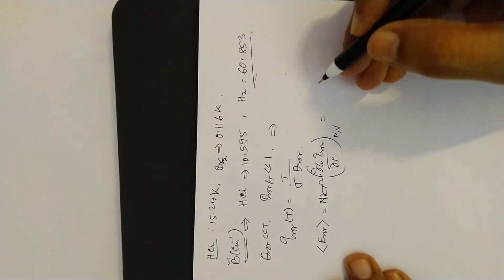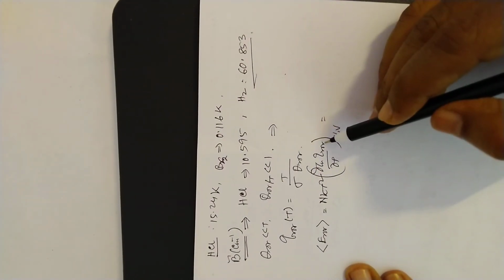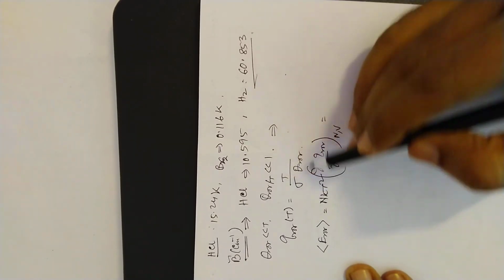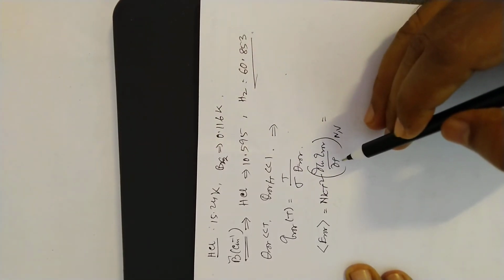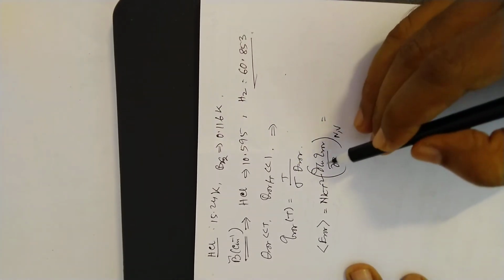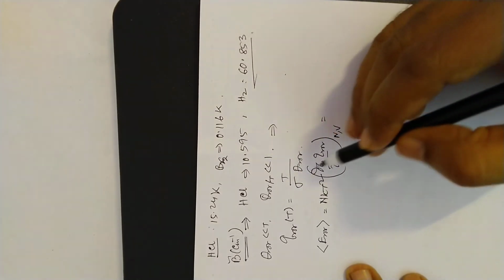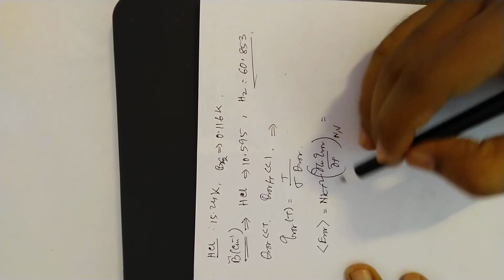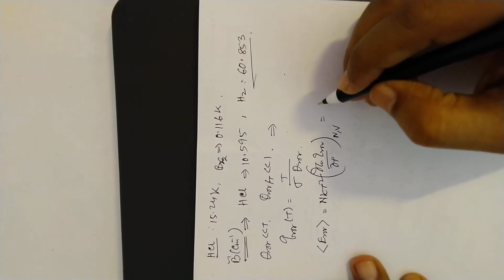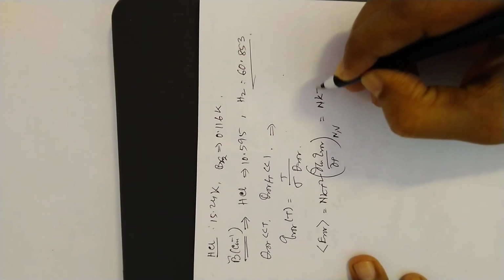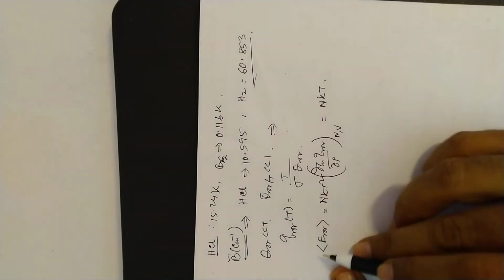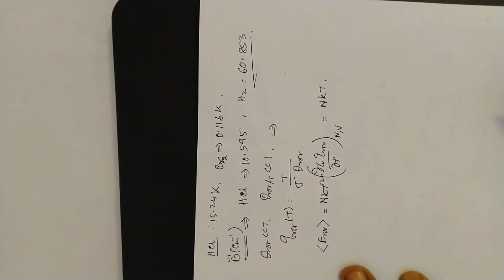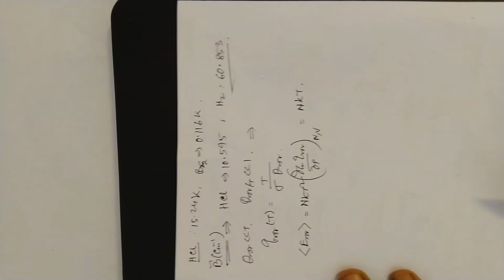Because Q rotational has T and the other things are not temperature dependent, it is ln T, and when you differentiate it becomes 1 by T, so one T gets cancelled, and it becomes essentially N k T, and for a molar contribution, just RT.